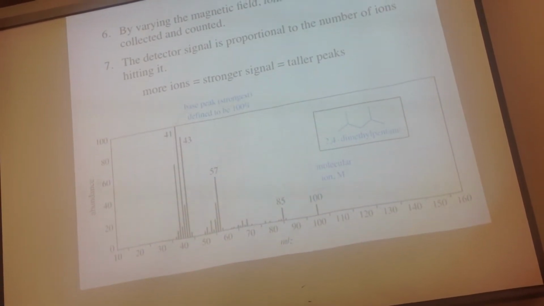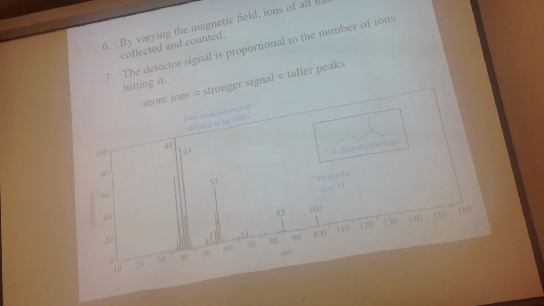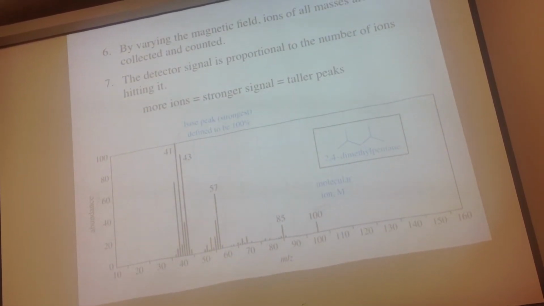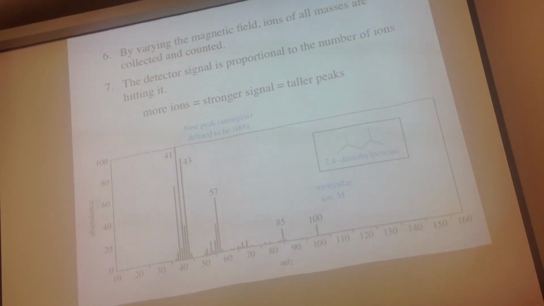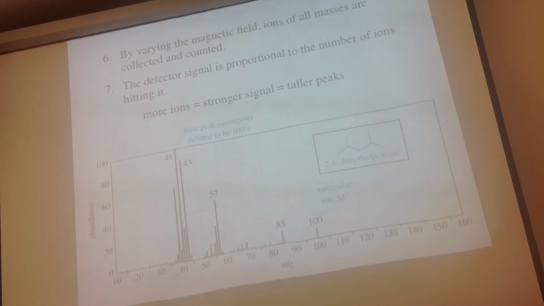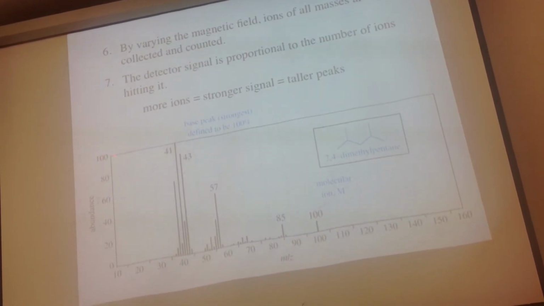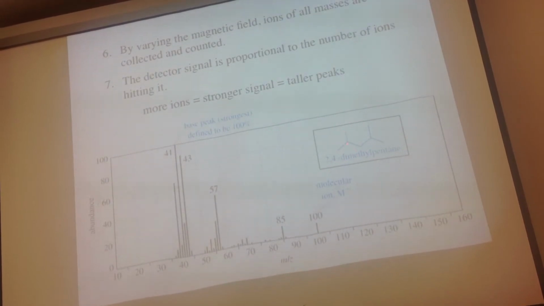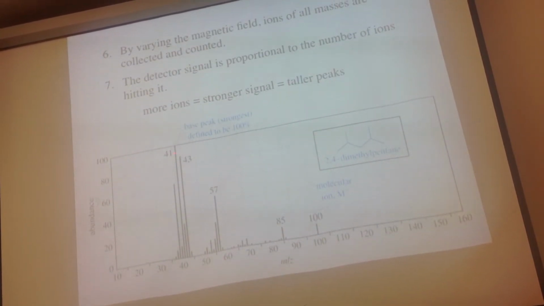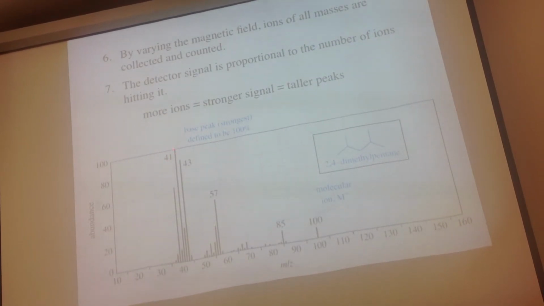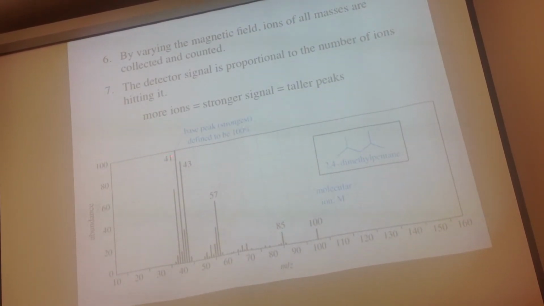Now we talked about how there's going to be some fragment piece that is going to be the most stable, the most prevalent, and that's going to give the tallest peak. And so that is what the machine sets to be 100%. You can see in this particular sample, right here, the fragment that had the biggest peak was this one right here at 41. It was the tallest one. There were the most fragments of that mass.